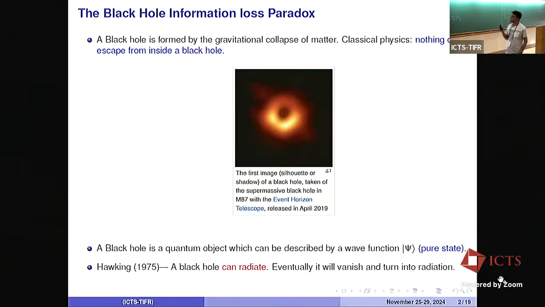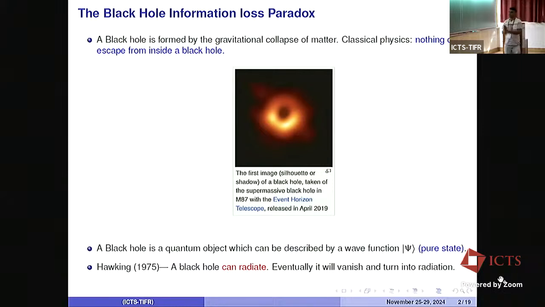So this is some recent image of a black hole. But if you look at quantum physics, what that tells us is that a black hole is actually a system which can be described by a wave function. Let's call it psi, and in principle, it's a pure state.